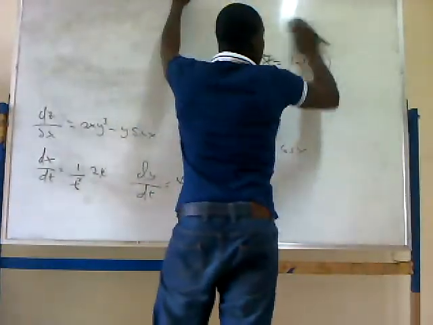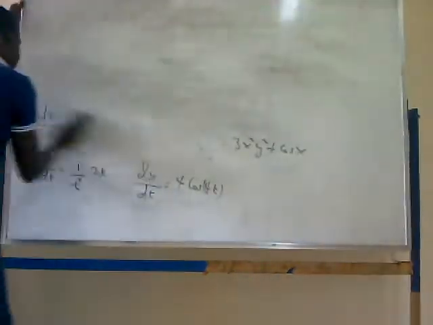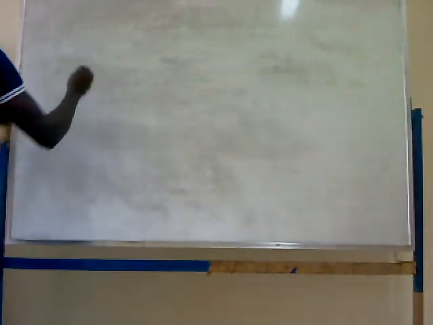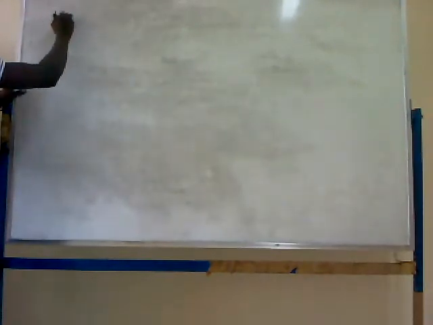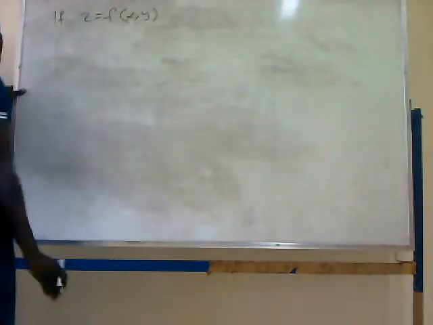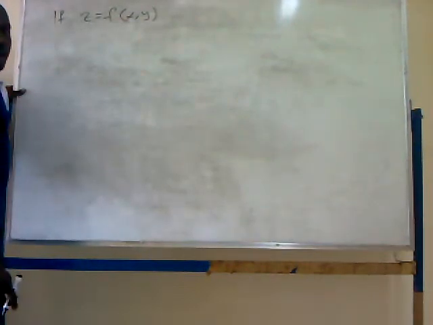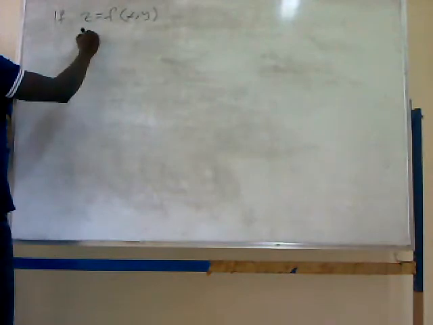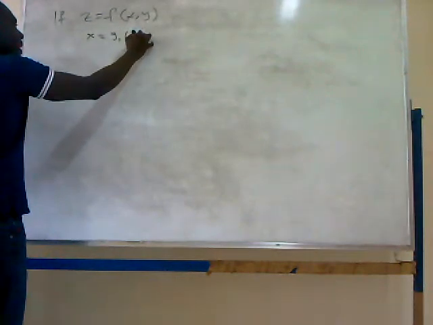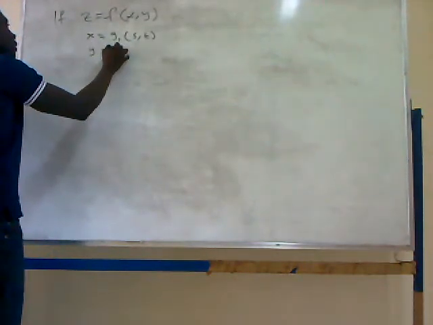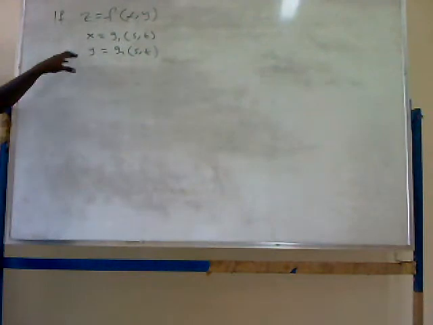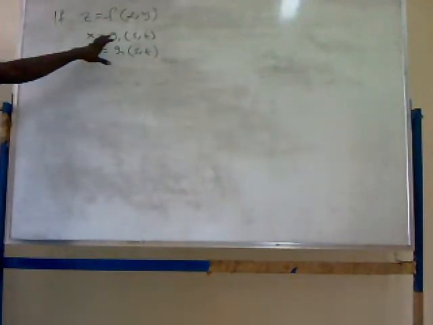For our case 2, if z is a function of x and y, but x is a function of s and t, and y is also a function of s and t, then we replace x and y by their respective functions of s and t.